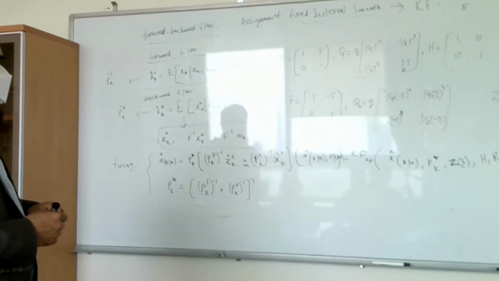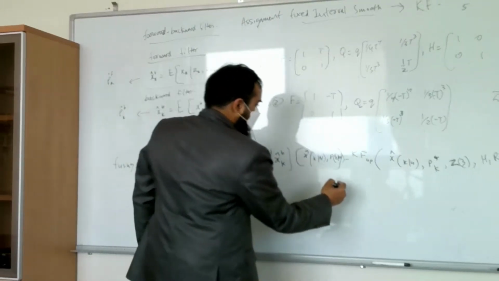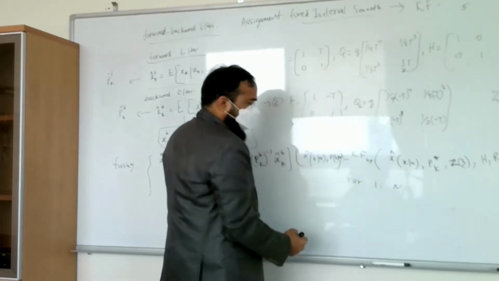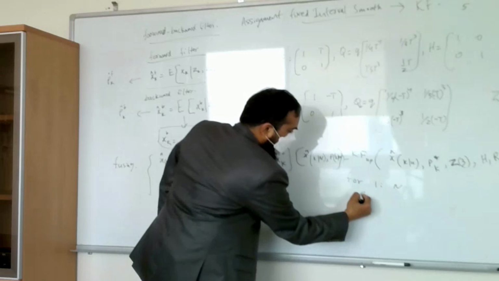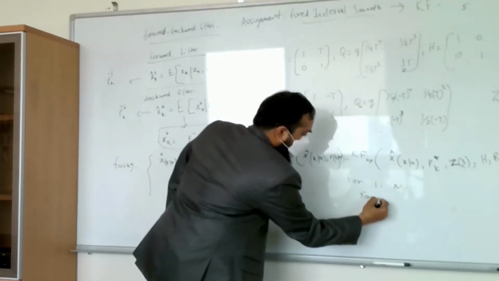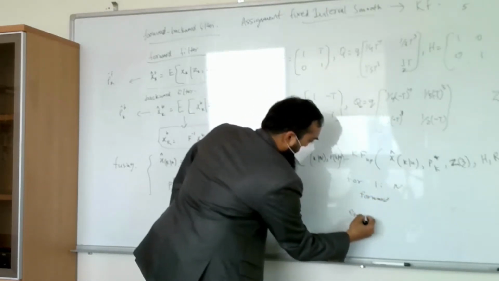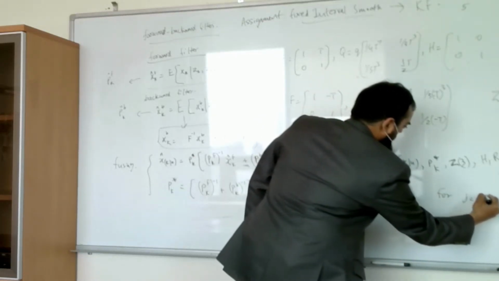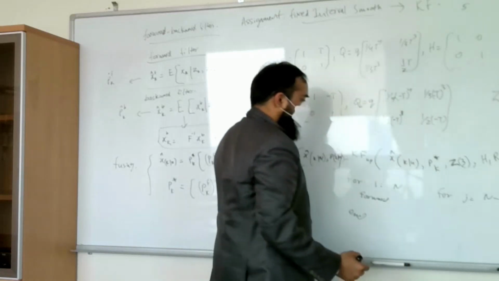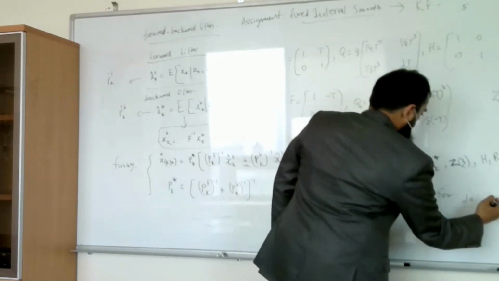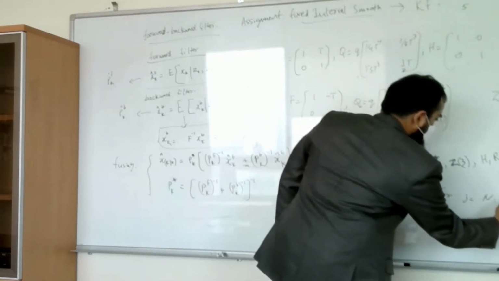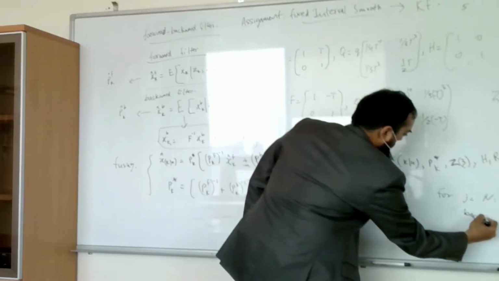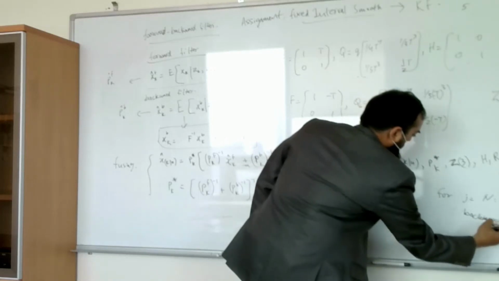So when you go backward, this is the loop for forward, and then for backward.